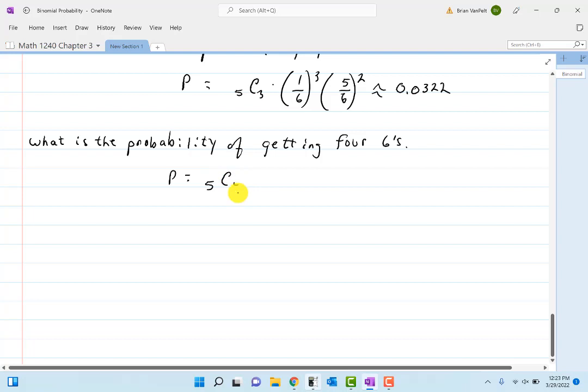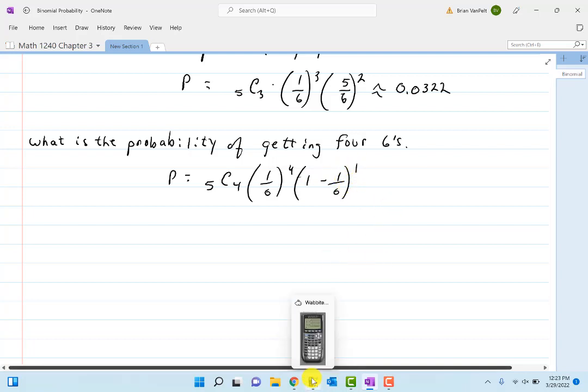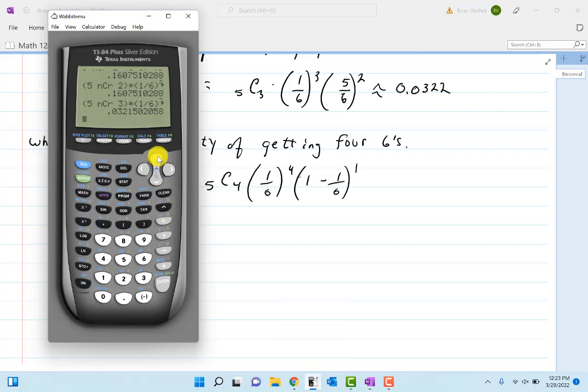We do 5C4, 1/6 to the fourth, times 1 minus 1/6 to the first power. Let's let our calculator crunch that. So let's see, I'll change that then to a 1.